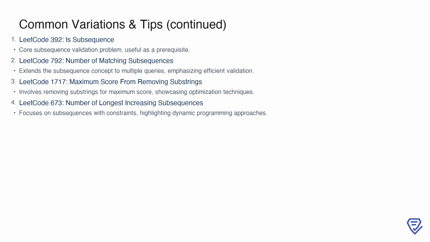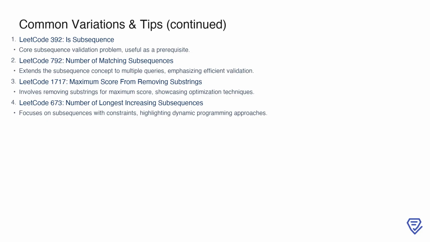To build a strong foundation for this problem, it's helpful to explore related problems. For instance, LeetCode 392, Is Subsequence, focuses on the core concept of validating subsequences and is an excellent prerequisite. LeetCode 792, Number of Matching Subsequences, extends this idea to multiple queries, emphasizing efficient validation techniques.